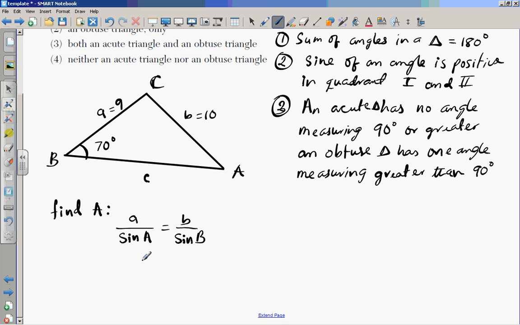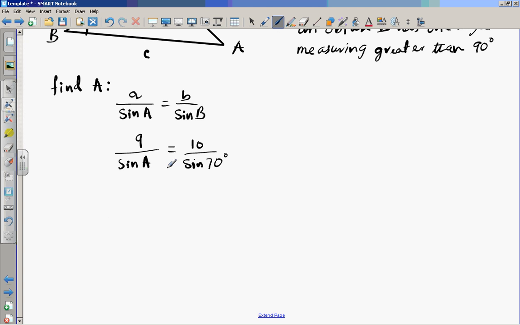So little a is 9. Let me write my A like this so you don't get confused. Over sine A, I don't know what big A is, equals little b is 10 over sine B, which is 70 degrees. All right. Now to solve this, I can simply cross multiply. If I cross multiply, what do I have? Bottom to top, bottom to top.